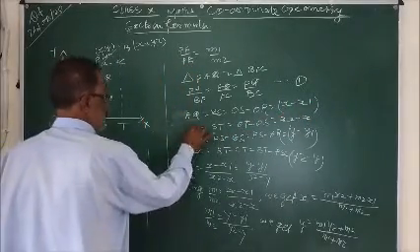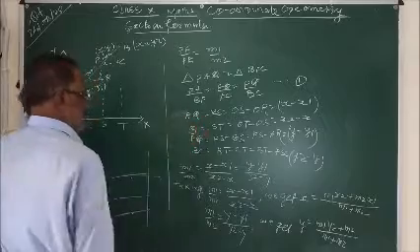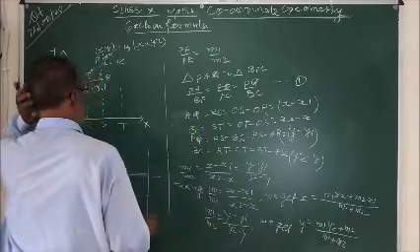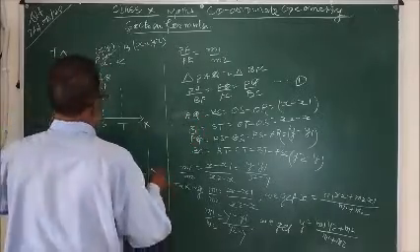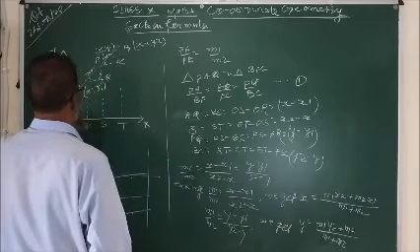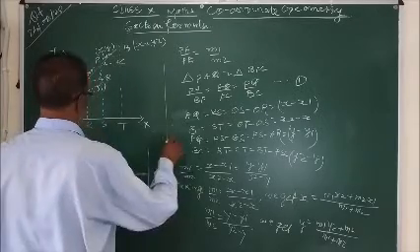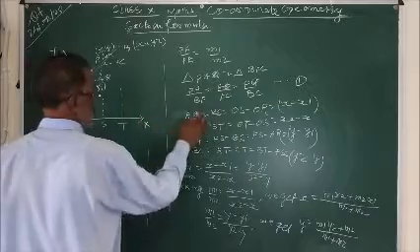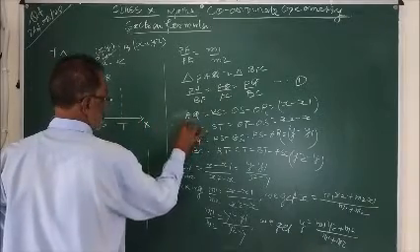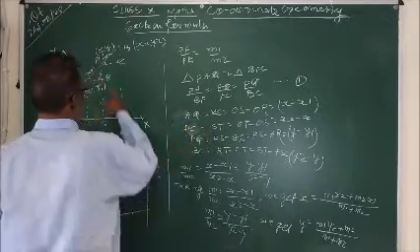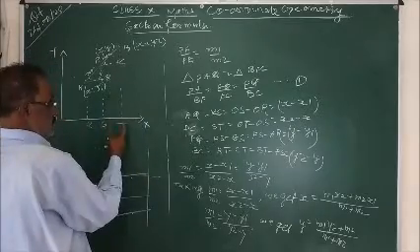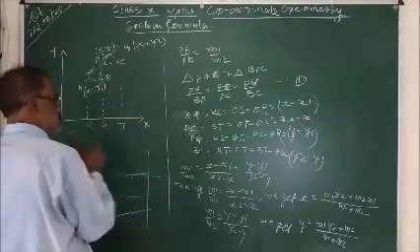Now you see PS. What will be the value of PS? So PC is equal to ST, opposite sides of a rectangle.